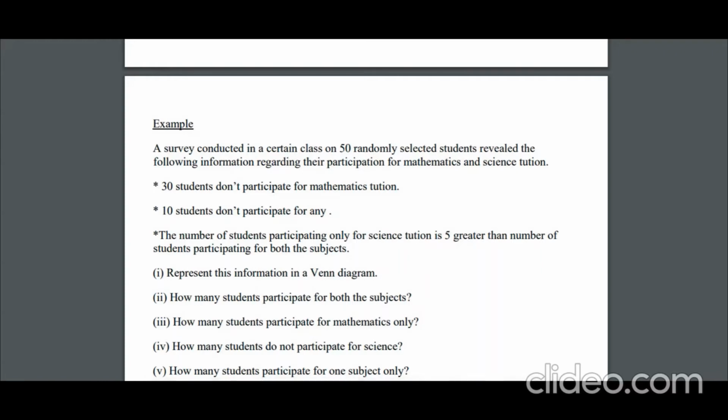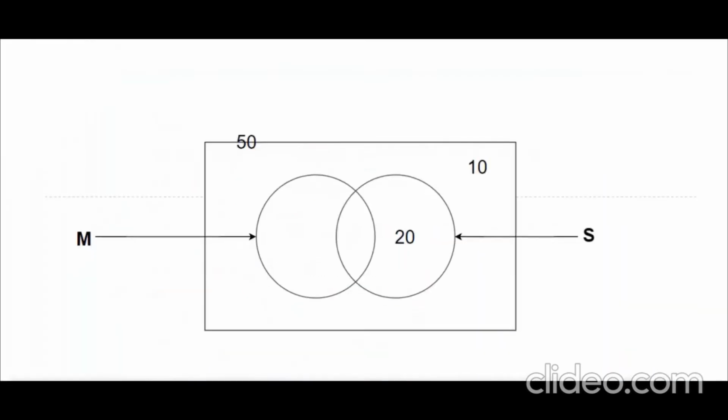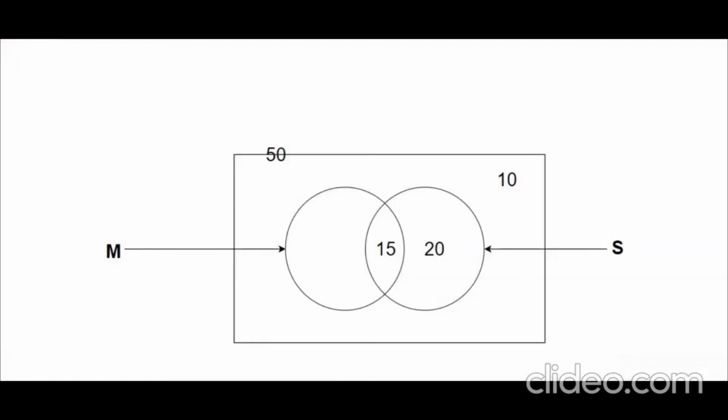So we know the number of students participating for only science is 20. Then we can say if this number is 5 greater than this, the number of students participating for both subjects is 15. So now we have almost completed the Venn diagram, and we know this is 15, 20, 10, so we can even fill this as 5.